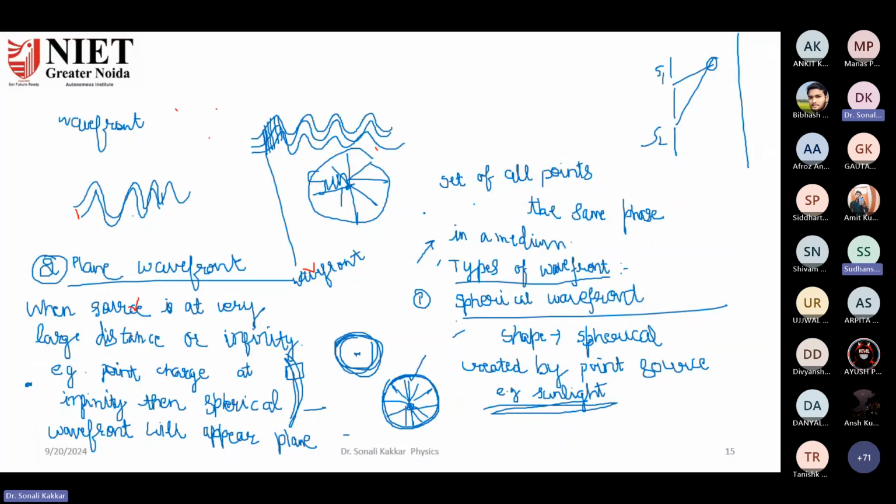But ma'am, I think it's not in 2 dimensions, it's in 3 dimensions because underwater it also appears. But it appears on the surface of water. Ripples are formed on the surface of water.